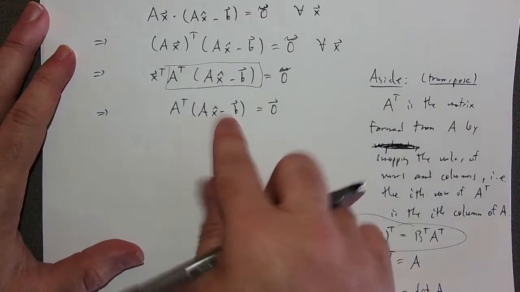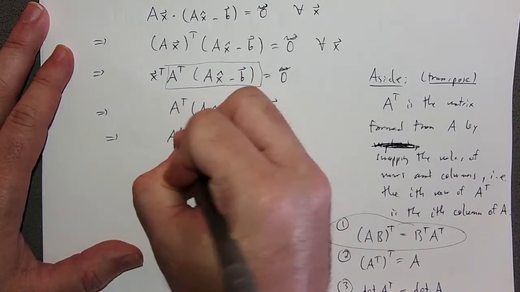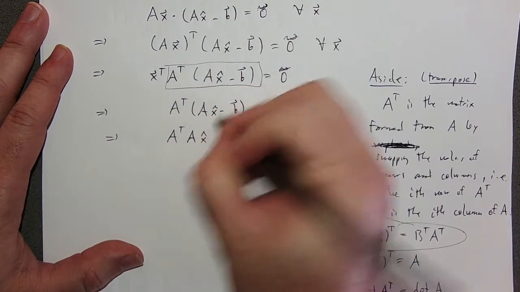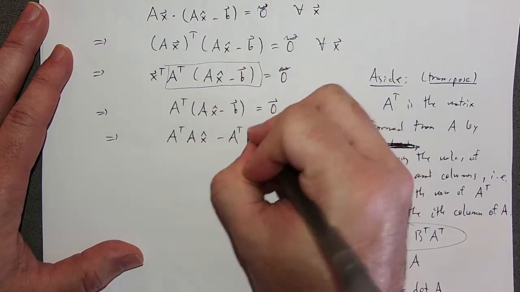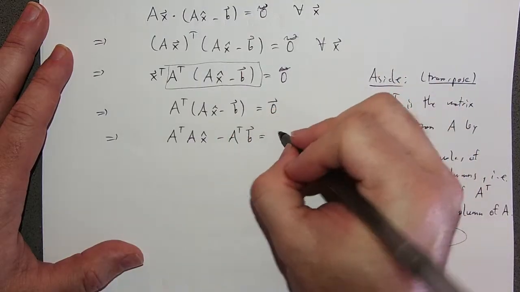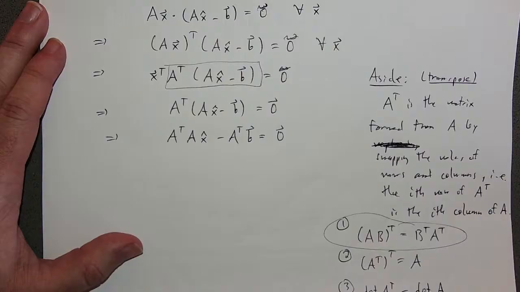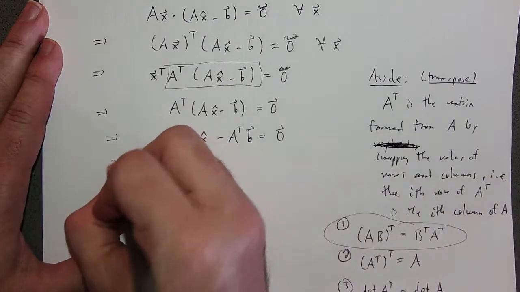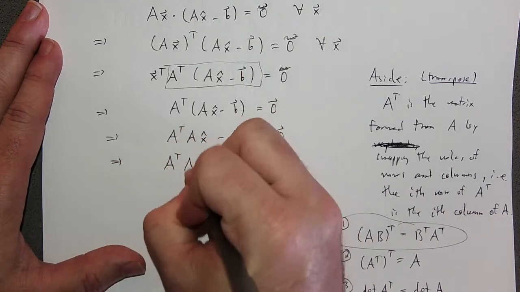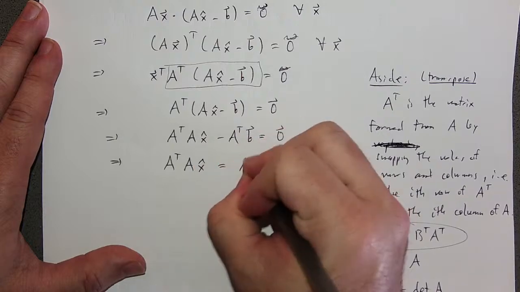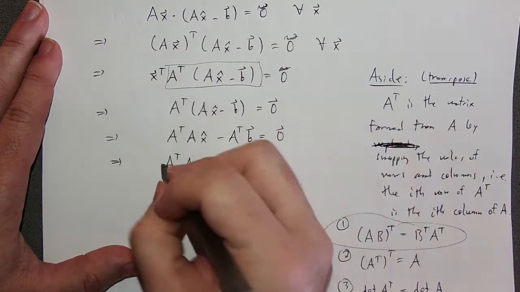Distributing, this is A transpose A x hat minus A transpose b is equal to the 0 vector, which tells me that A transpose A x hat is equal to A transpose b.